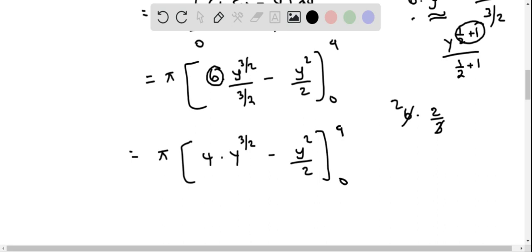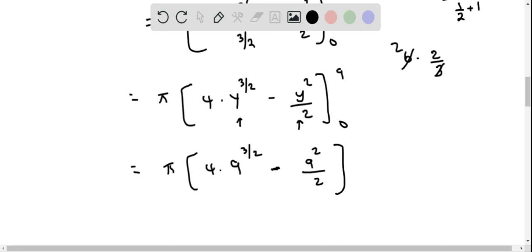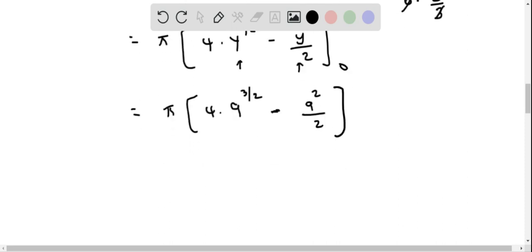We apply 0 to 9. Let's apply the upper limit. So this becomes pi times 4 times 9 power 3 by 2 minus 9 squared divided by 2. We replace y by 9. And if we apply the lower limit 0, this will become 0 and this will also become 0, so you can ignore that. So we close this bracket.